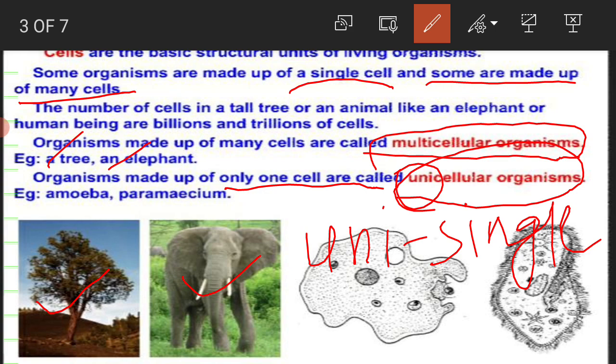You also remember the examples: the examples of unicellular organisms are amoeba and paramecium. Also chlorella and yeast are unicellular organisms.